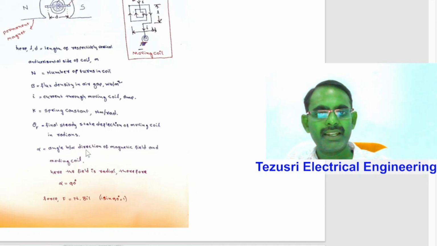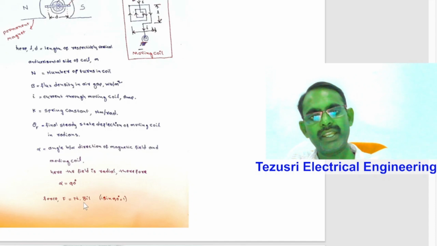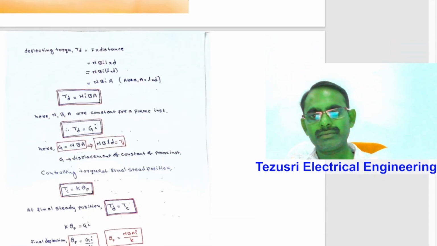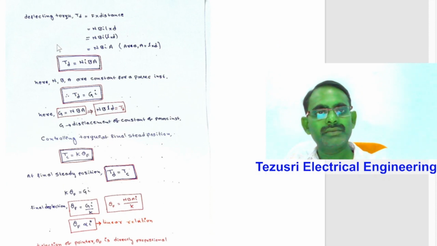The magnetic field in the air gap is assumed to be radial, therefore alpha becomes 90 degrees, sin 90 equal to 1. Therefore the deflecting force F equals N into B I L. Then the deflecting torque equals the deflecting force into distance.